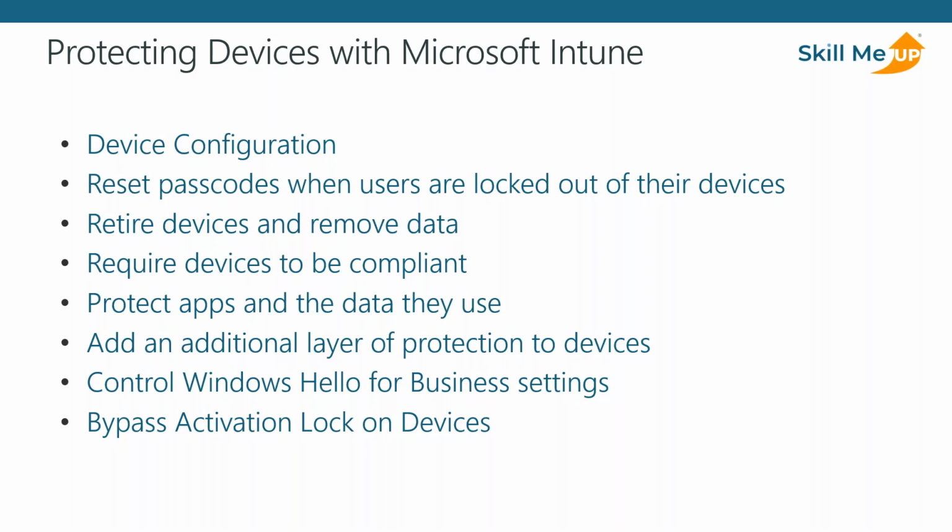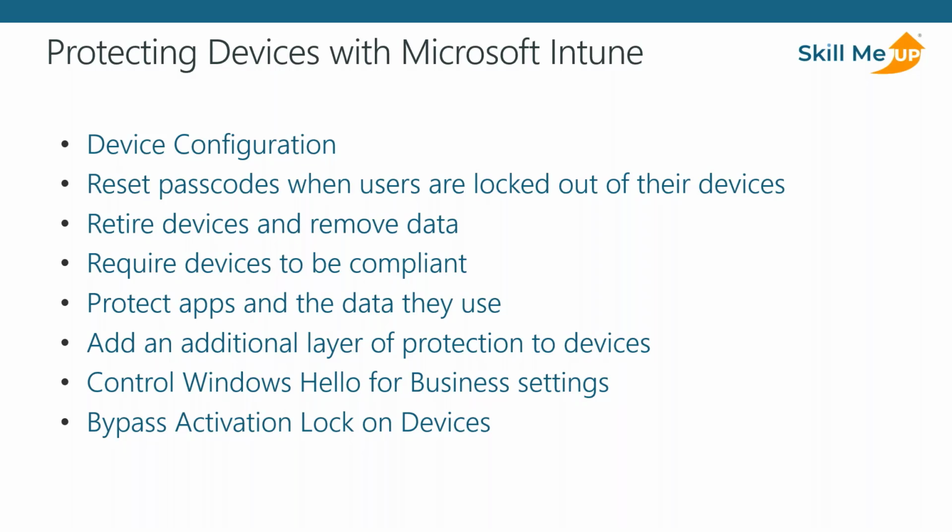Then, of course, retiring devices to be compliant and removing data. So this can be devices that are managed specifically in the mobile device management way. So that means that you've registered those devices, they've become managed devices at this point, and then you're able to manage all the restrictions on there.